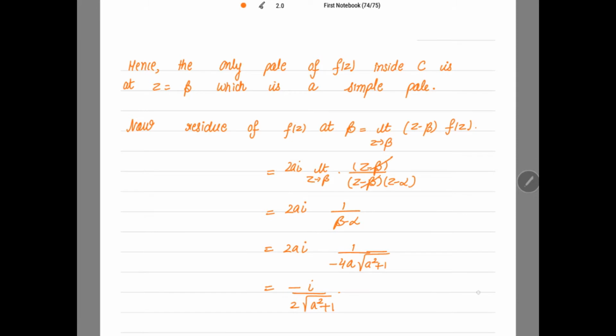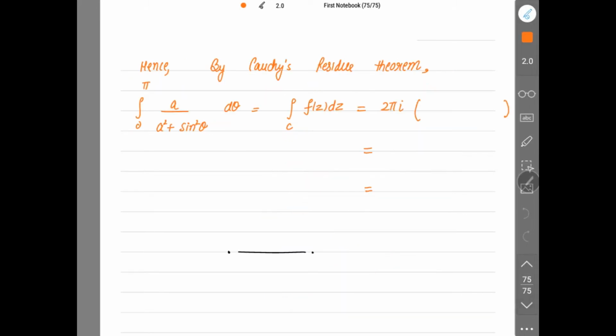Right, now can I apply Cauchy's residue theorem? Yes. Hence, by Cauchy's residue theorem, the given integration is equal to the integral of f(z) dz, which is equal to 2 pi iota times the residue of f(z) at the point lying inside the circle, and beta is lying inside the circle.